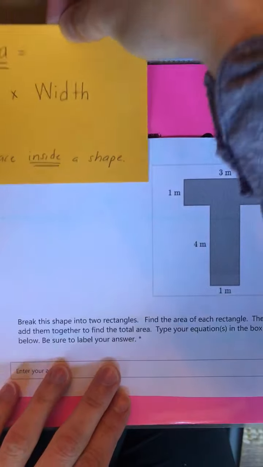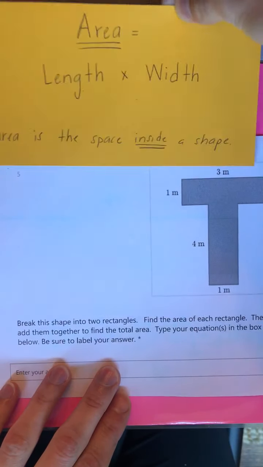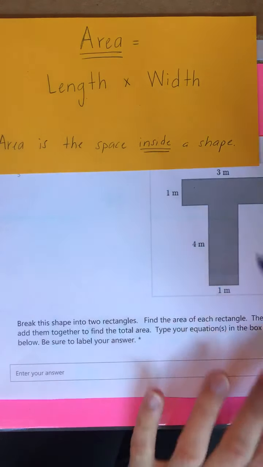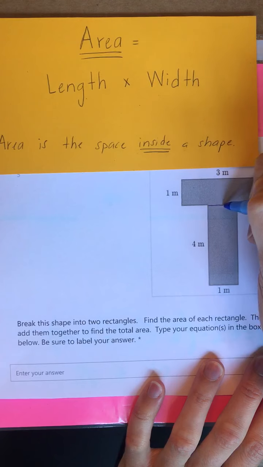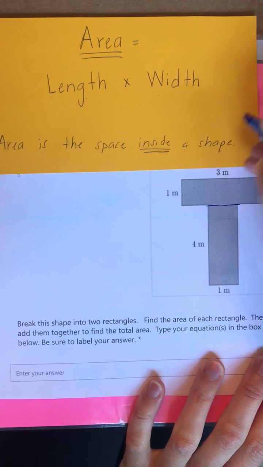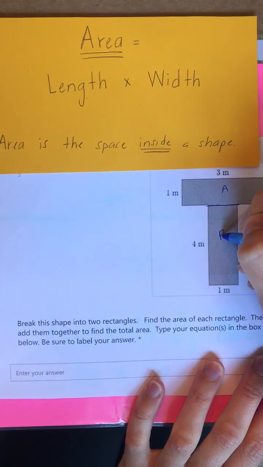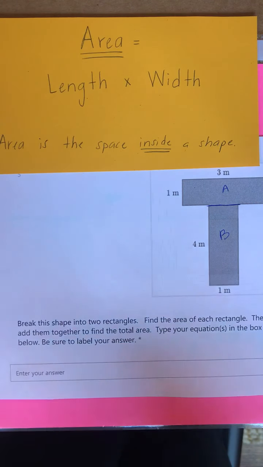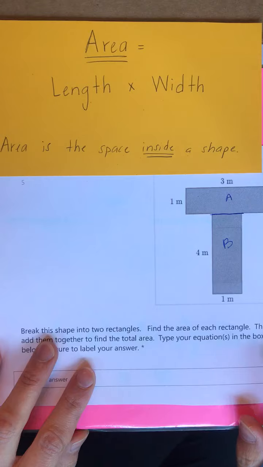Okay, friends, here's number 5. Number 5 asks us to break this shape into 2 rectangles. So let's do that together. I'm going to break it up here because that makes the most sense to me, right? I'm going to call this part A and this part B. I want you to find the area of each rectangle. So here's your job.